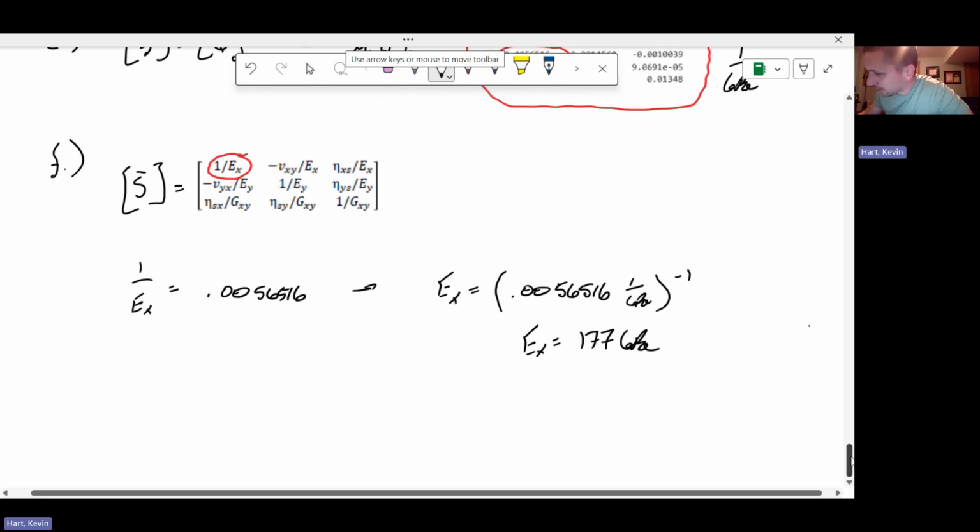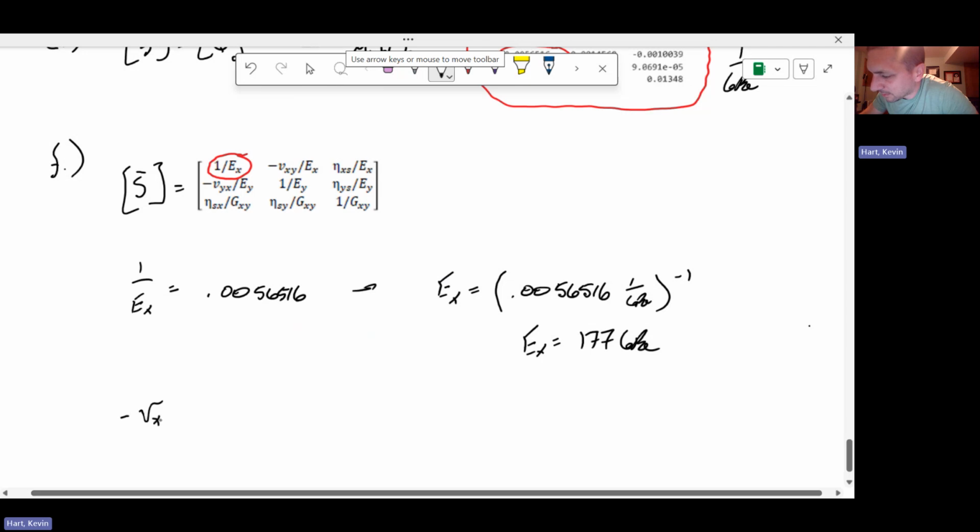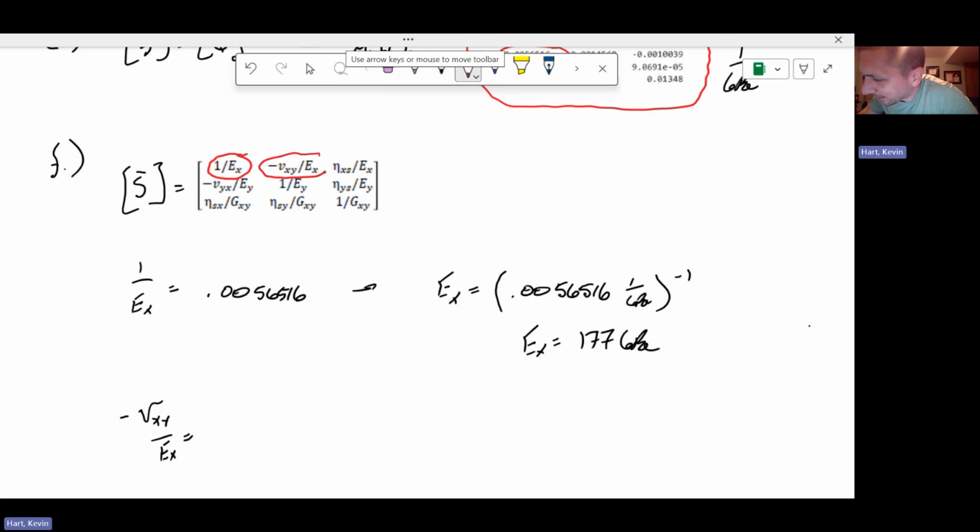All right. You could do similar for nu XY. You could do similar for all the rest of these, right? So we see negative nu XY on EX is equal to the 1-2 entry of S bar.